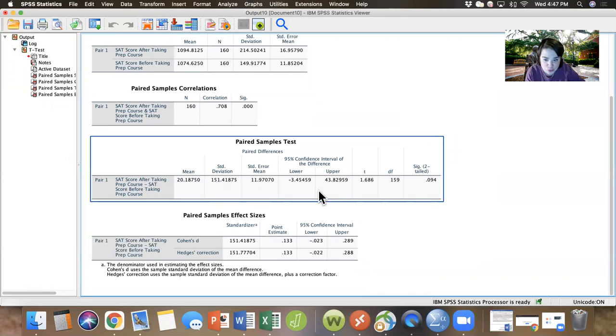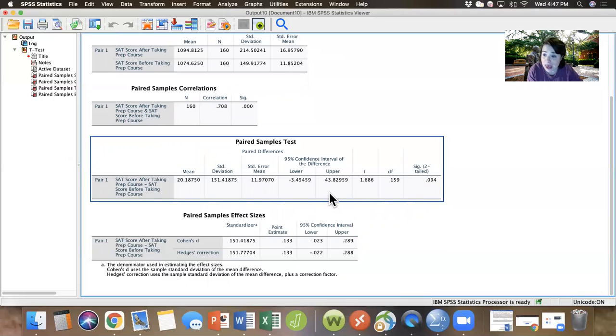Okay, so if we look at that, our t-value is 1.686. Our degrees of freedom is 159, which is again just n minus 1. And our significance level is 0.09, okay?